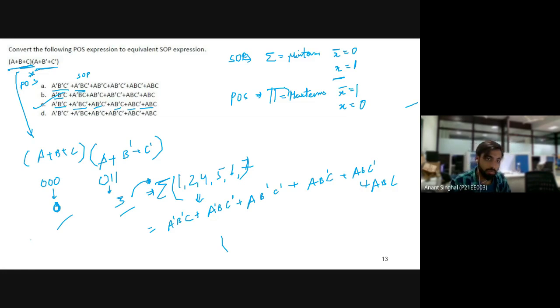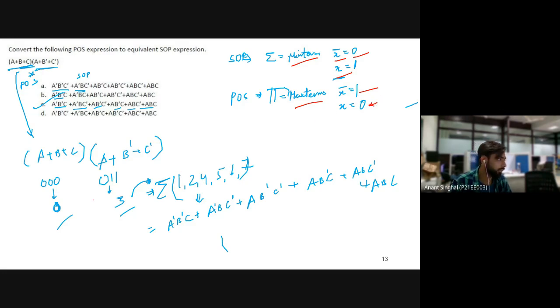Is there any doubt in this question? This was another question where I converted using the concept of SOP and POS. You need to remember that SOP is min terms, where bar denotes 0 and non-bar terms denote 1, and POS is max terms, where bar denotes 1 and non-bar terms denote 0.